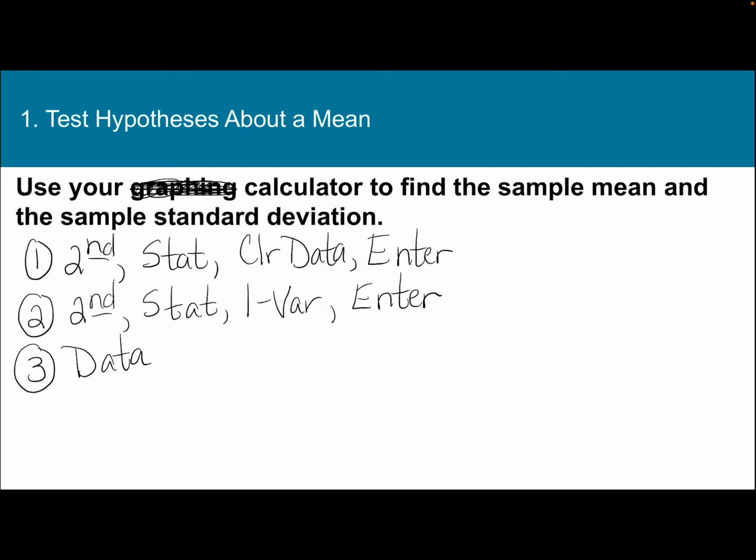Then that FRQ, remember to just scroll through. Then X2, scroll down through the FRQ, it should be 1. Then type in your X3 and so on. Once you have your data typed in, you'll press the Stat Var key. Pause the video, type in your data, and press the Stat Var key.